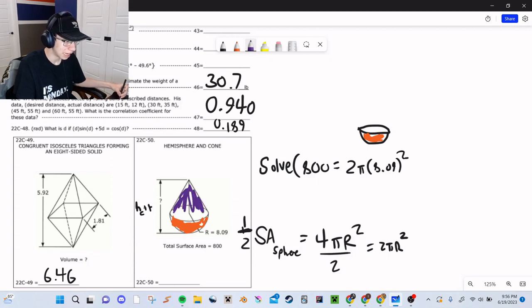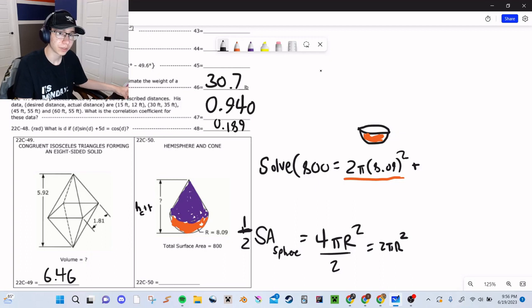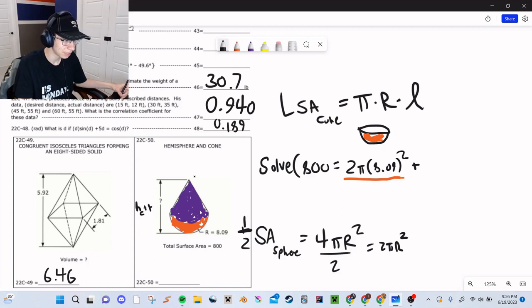And then we need this lateral area of the cone, right? So the lateral surface area of a cone, the LSA of a cone, is equal to pi times your radius times your slant height, which I call L. Your slant height is just this length.